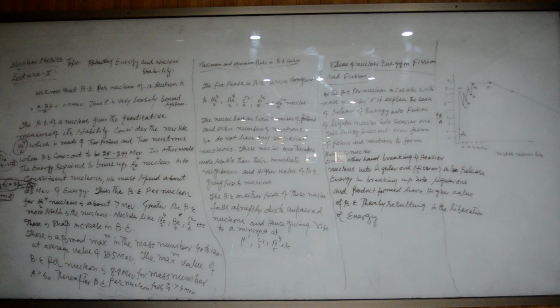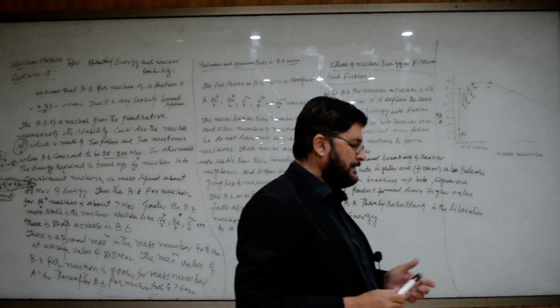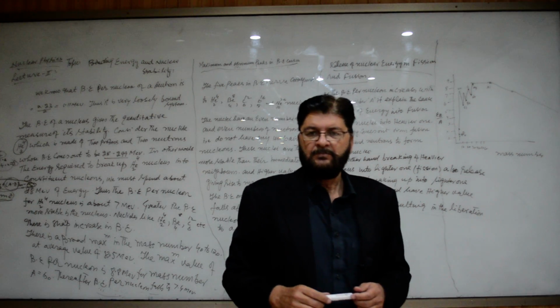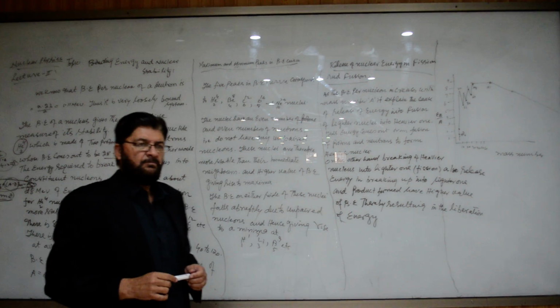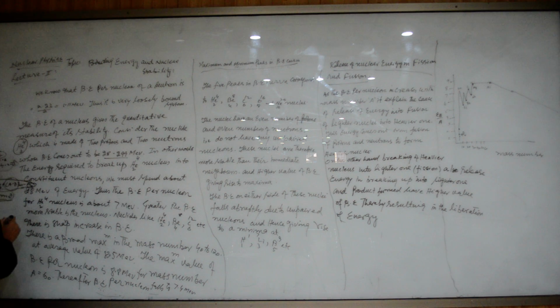Thus the binding energy per nucleon for the helium nucleus is about 7 MeV. Binding fraction, or binding energy per nucleon, is the binding energy divided by its mass number.